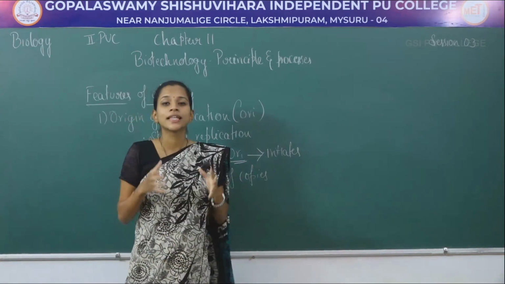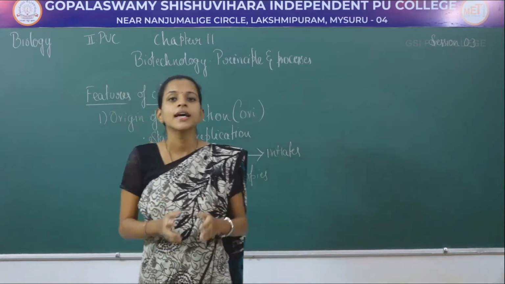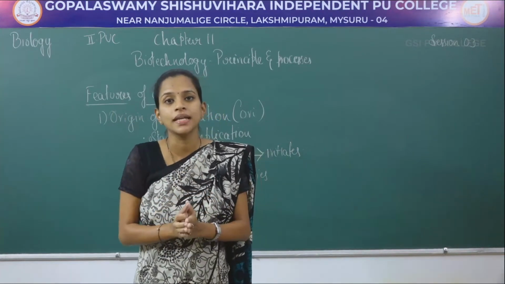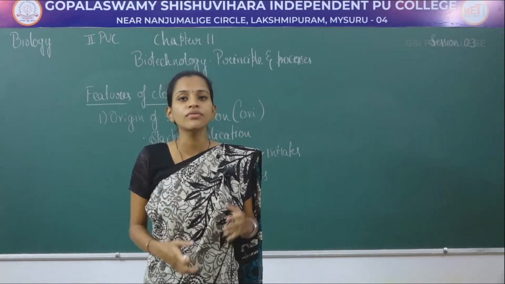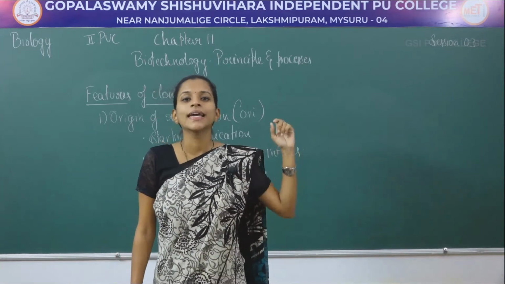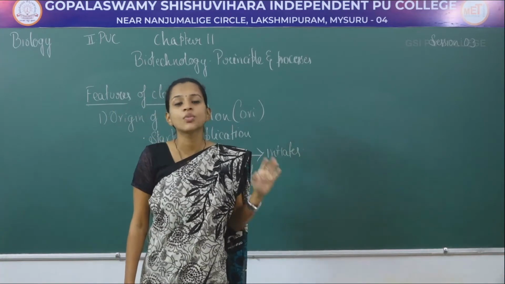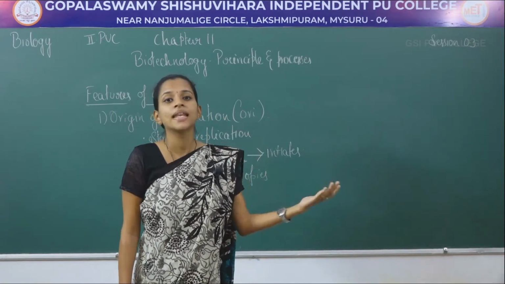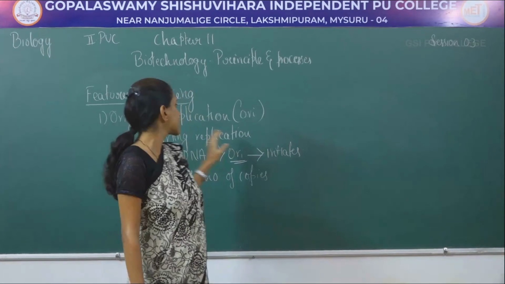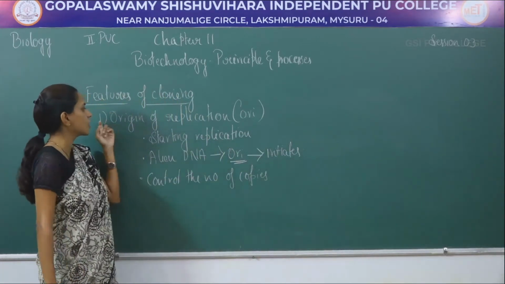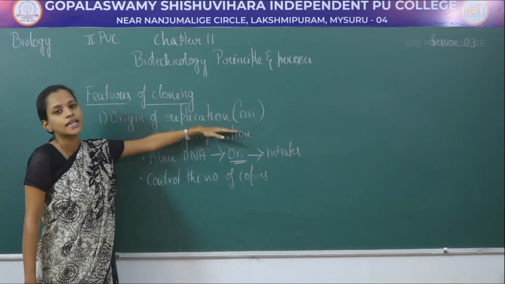Whenever you select a vector, you should make sure that the ORI region has the ability to produce the maximum number of copies. Then only will the alien DNA inserted into this region successfully produce many more replicates. That is how the first feature of cloning, the origin of replication, is useful.